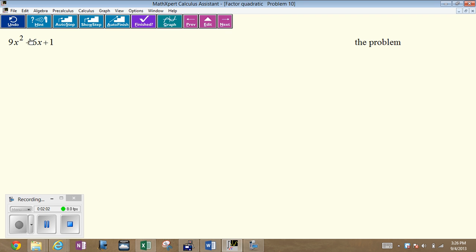This is called a quadratic trinomial. So you see what happens is when you factor that, it turns into just one binomial squared. That's called a perfect square trinomial, which factors into a binomial squared. You recognize that because the first term is a perfect square, the last term is a perfect square, and the middle term is twice the product of the two.